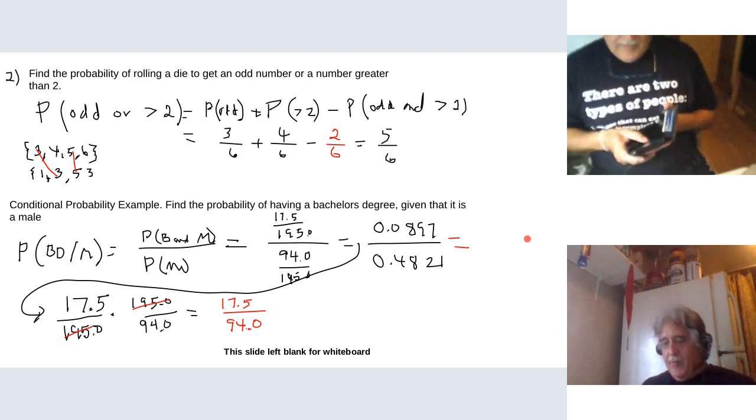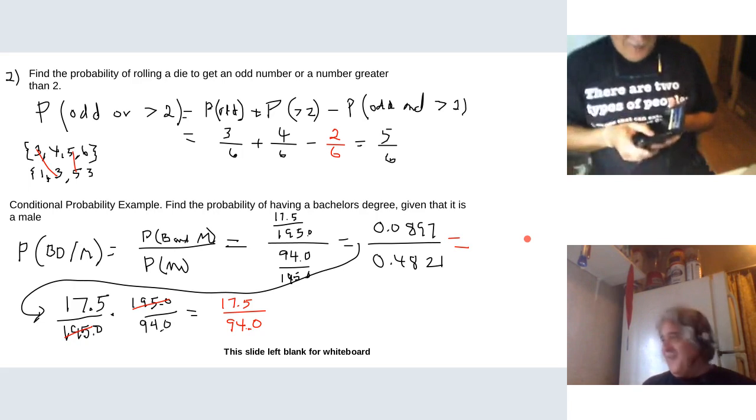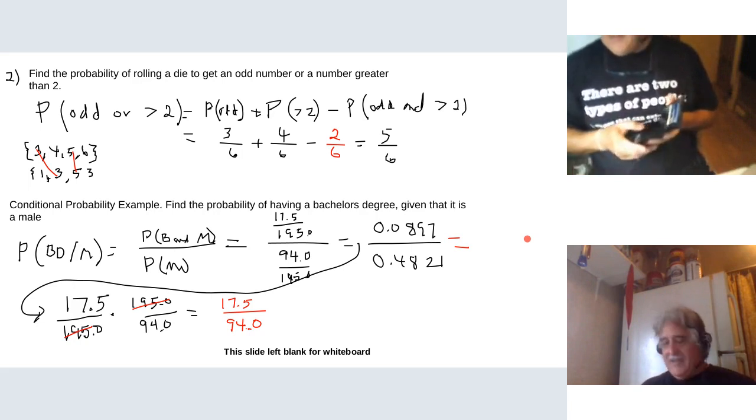And now in the book, they don't show you how those things go away. That's the thing about it. And like I said, I'm trying to show you that.